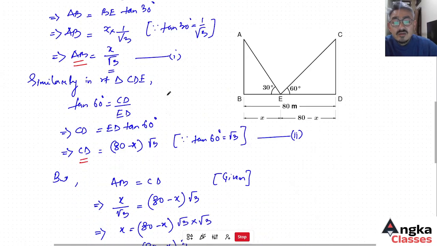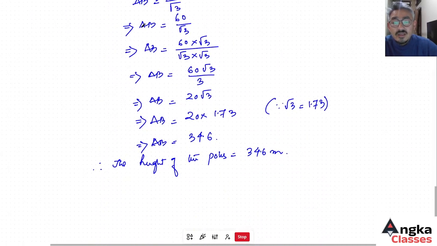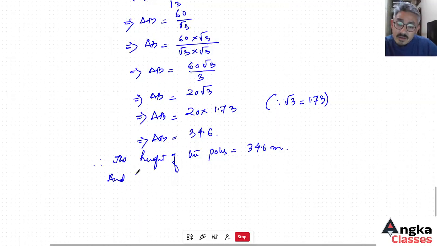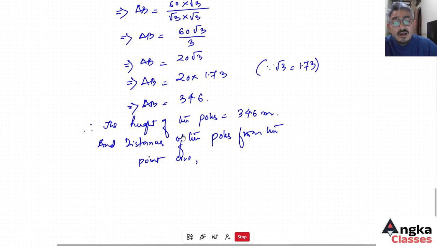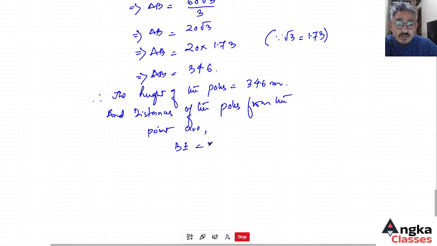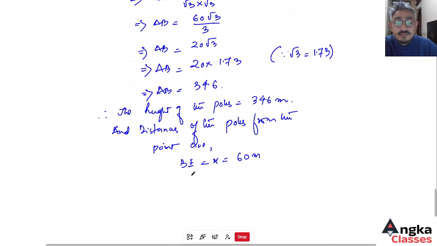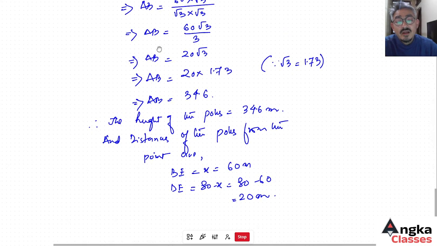So BE is nothing but X and ED is nothing but 80 minus X. And distances of the poles from the point are BE which is equal to X, so 60 meter, and DE which is equal to 80 minus X, which is 80 minus 60, which is equal to 20 meter.